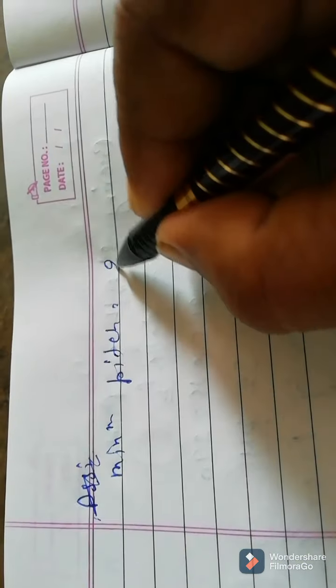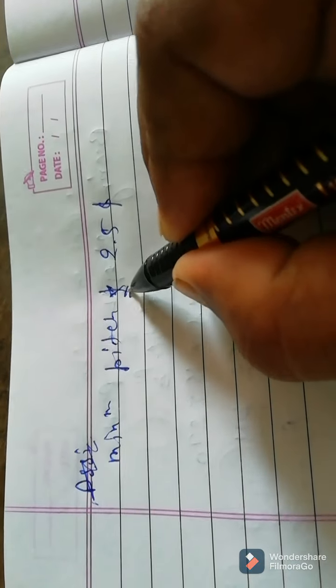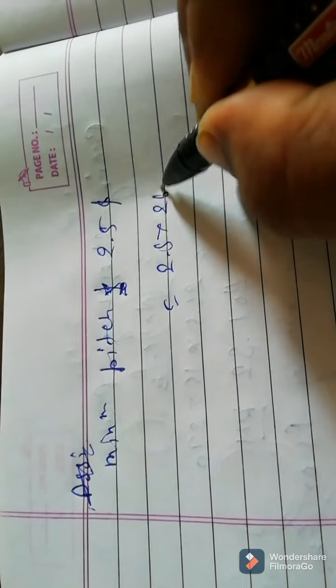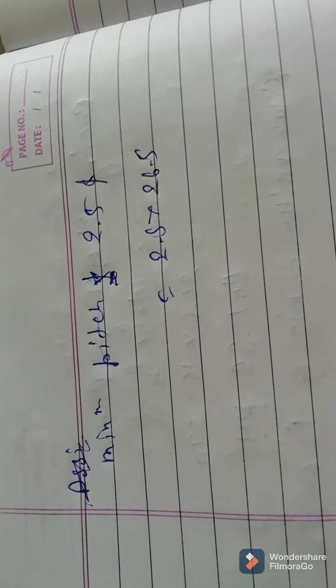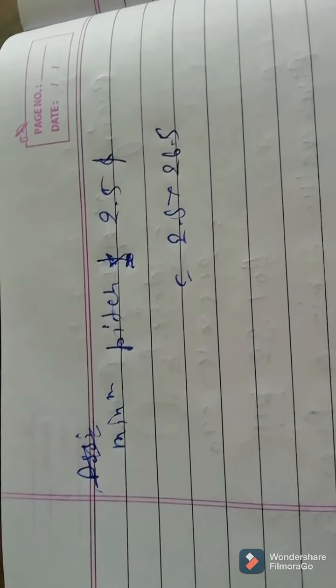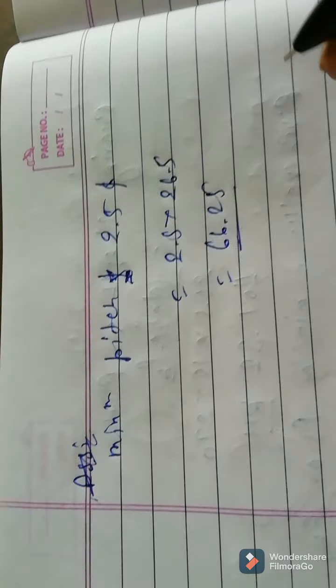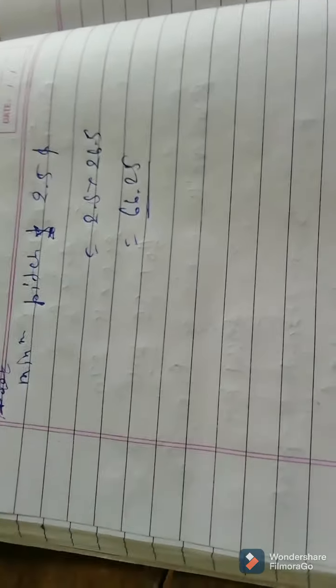Minimum pitch equal to 2.5 D, it should not be less than 2.5 into 26.5, so this is 66.25.